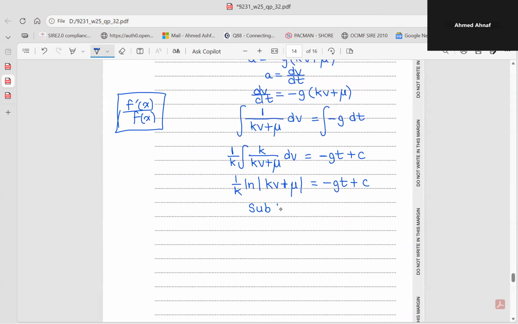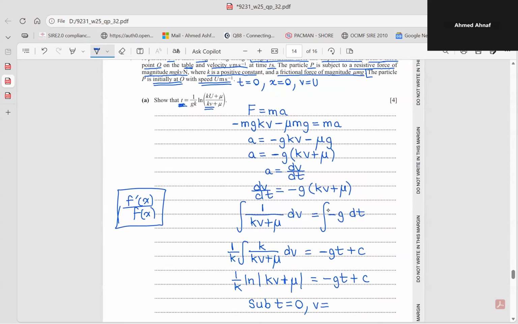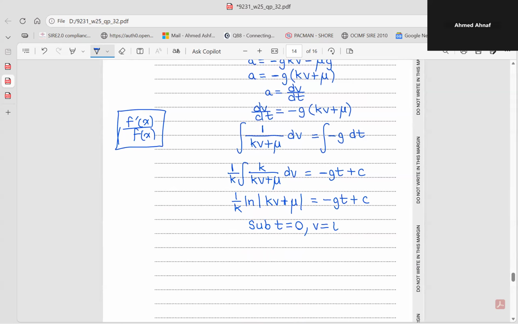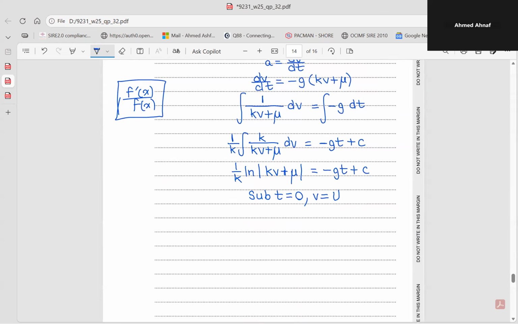So I'm going to substitute t equals 0 and v equals big U. Doing that, you'll get 1 over k ln k big U plus mu equals g times 0, so you just get c, and c becomes 1 over k ln k big U plus mu.